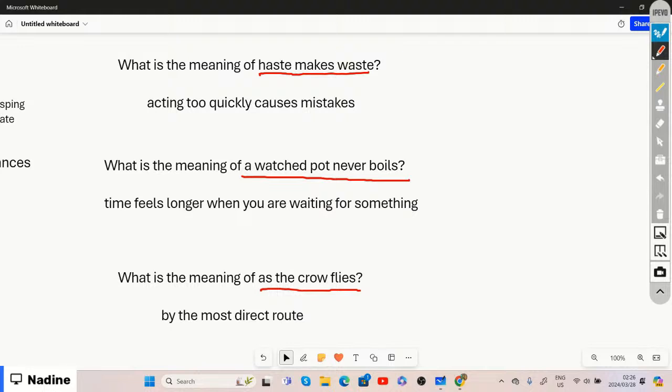So as the crow flies, what is the meaning of that adage?